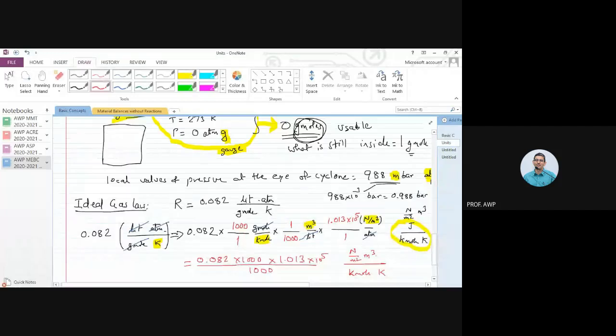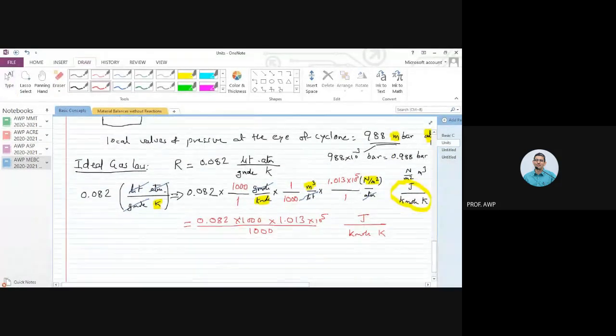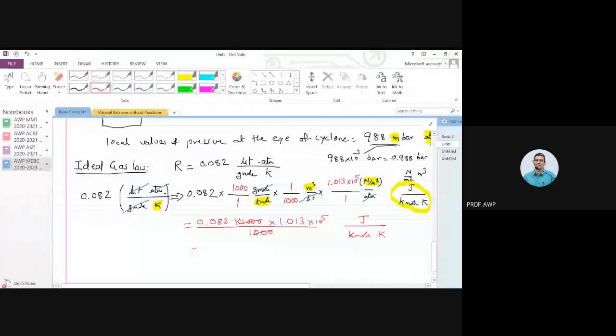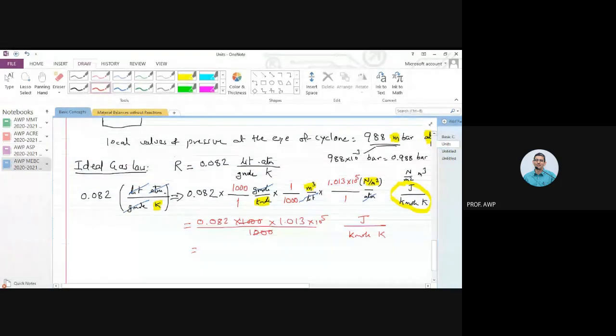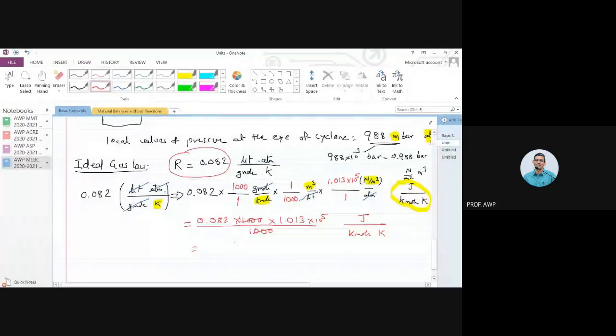Newton per meter square into meter cube is Newton into meter, which is the same as joules, the unit that we want. So this 1000 just gets cancelled out. Straightforward, isn't it? That's how we would convert this R into whatever set of units that we want.